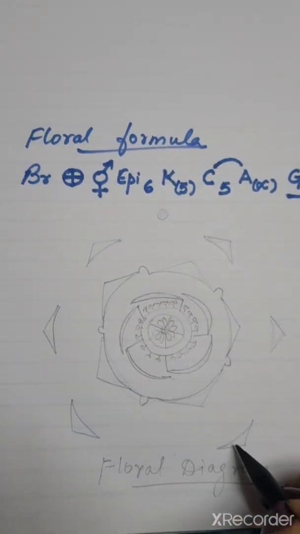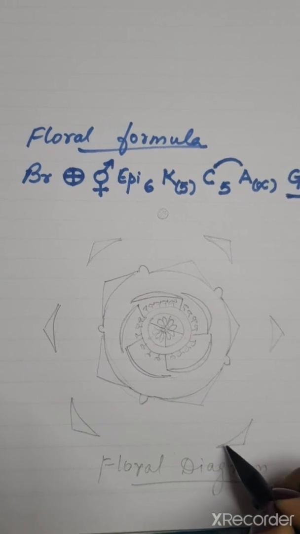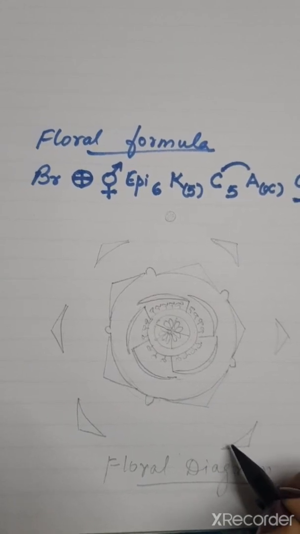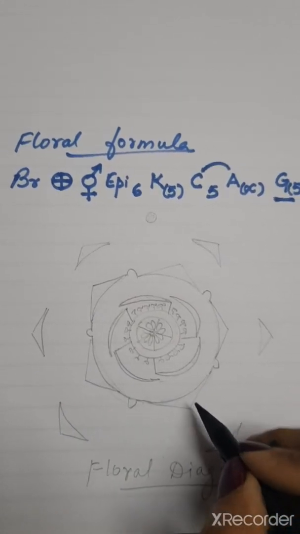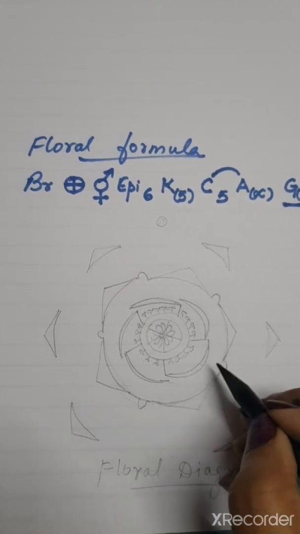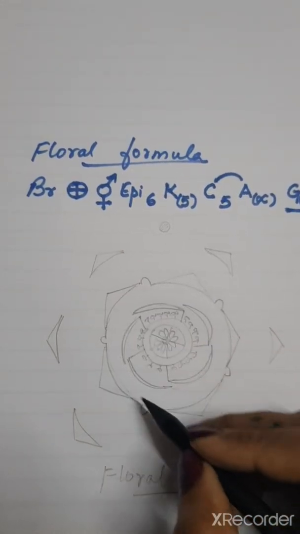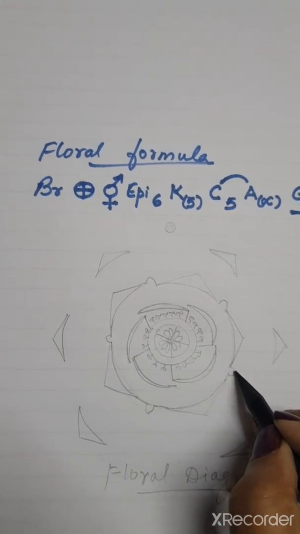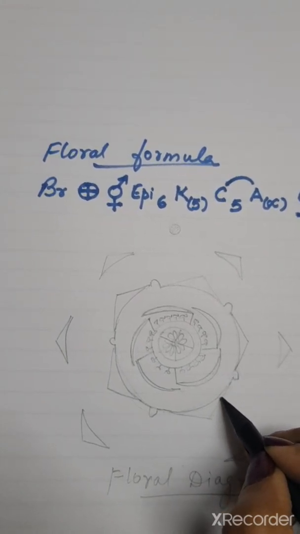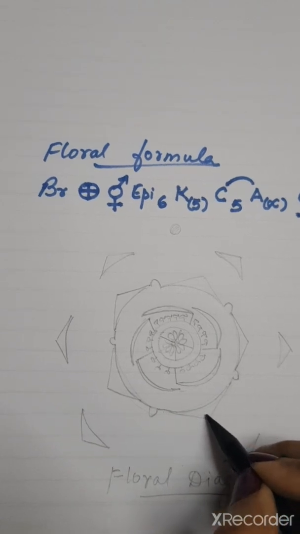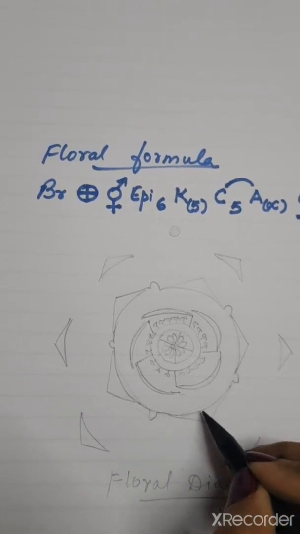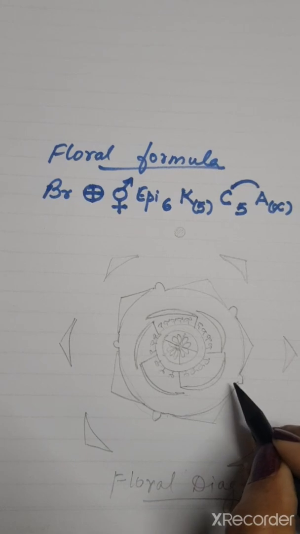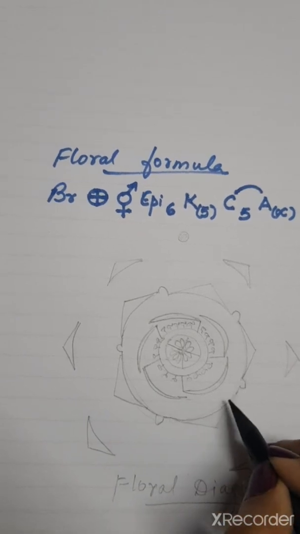So you do it like this, just like we draw sepals, we will draw epicalyx but smaller in size. Okay, 6. Then inner to that were the sepals, so 5 in number, 1, 2, 3, 4, 5, and it was gamosepalous, so you will draw it joined to each other like this. Okay, so this is how you draw the sepal. It will be pointed at this end and it will be like this on the inner side.